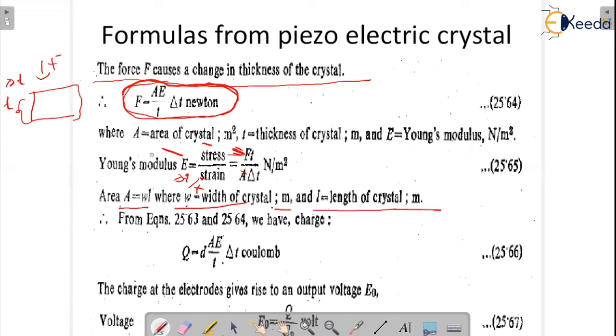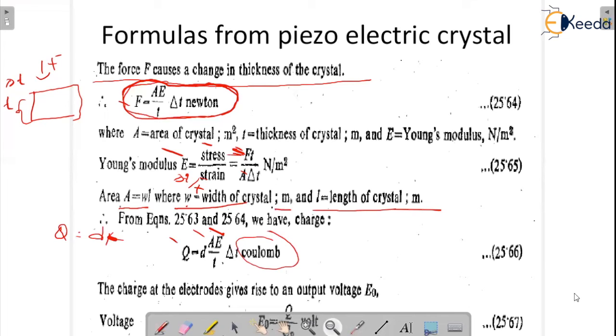From these equations, you know the formula for F, and then you can find the formula for Q. I told you that Q equal to D into F, my dear students, and Q is in coulombs.